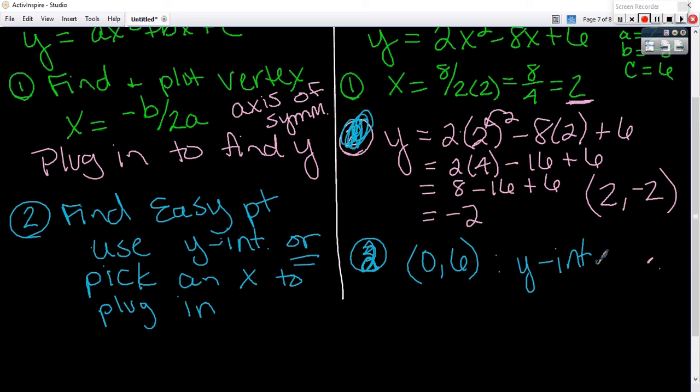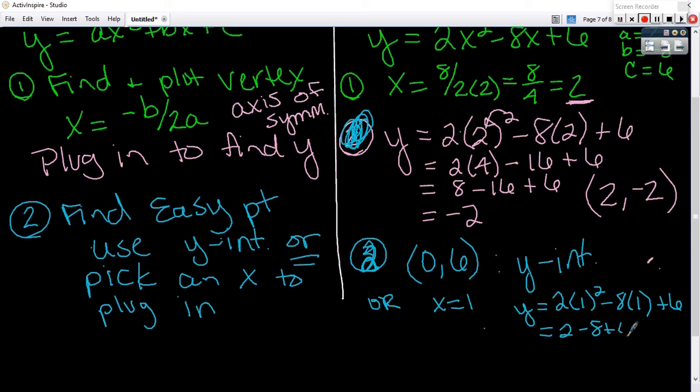So I might want to use this, or I could do 1 and plug that in. That would be 2 minus 8 plus 6, which is 0.